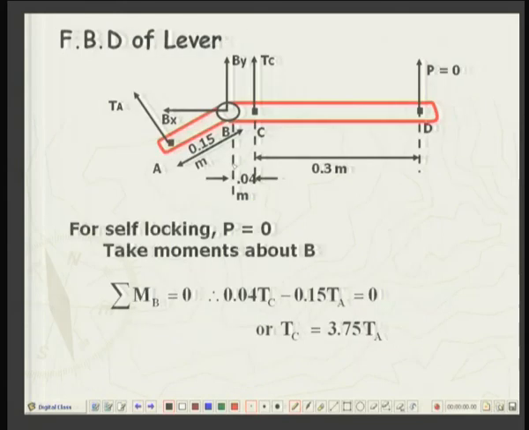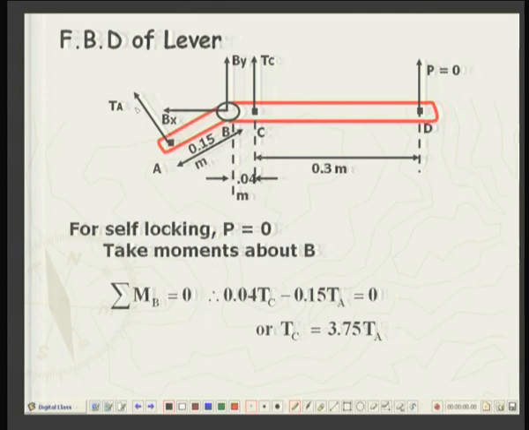So, let us go on with the free body diagram of the lever. Well, this is the lever, this is the pin joint about which the lever can rotate. So, at the pin there are the reactions Bx and By.